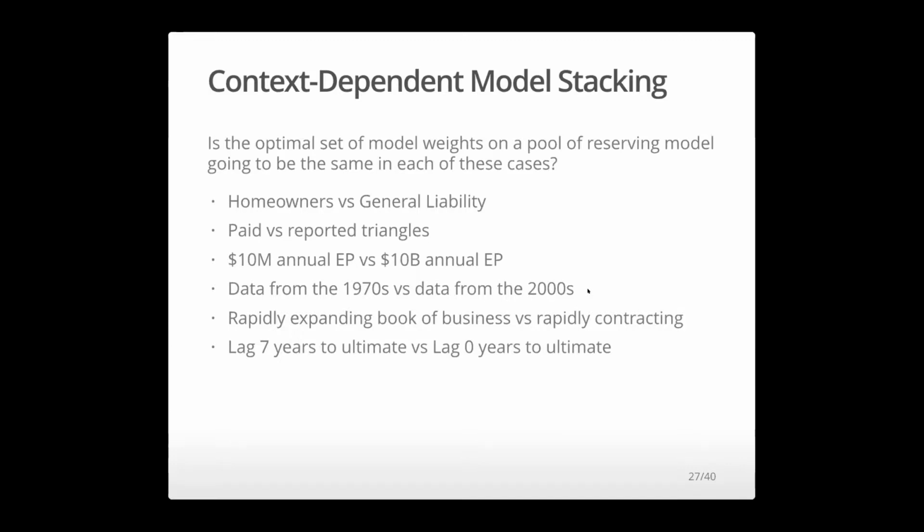You can't just take every single portfolio that's got exactly between 10 and $11 million of premium and see which set of stacking weights does the best there, because it's incredibly thin, it's incredibly noisy. You might have 0 triangles in that range. It's just a mess.